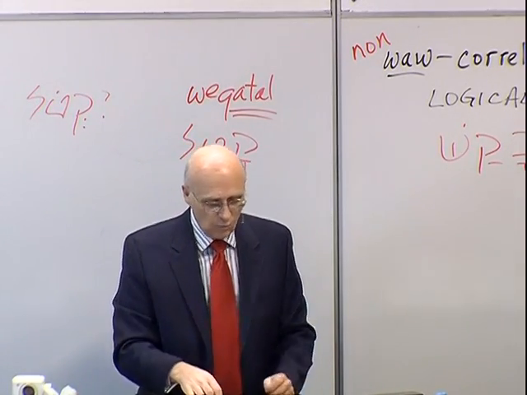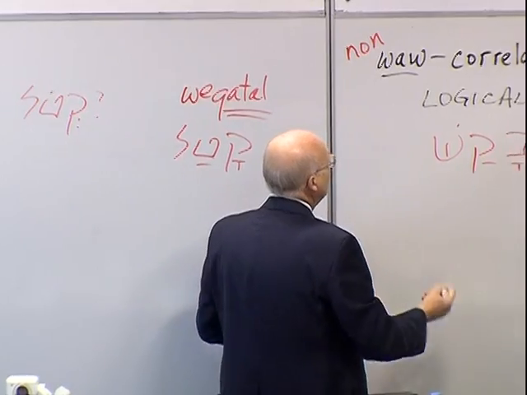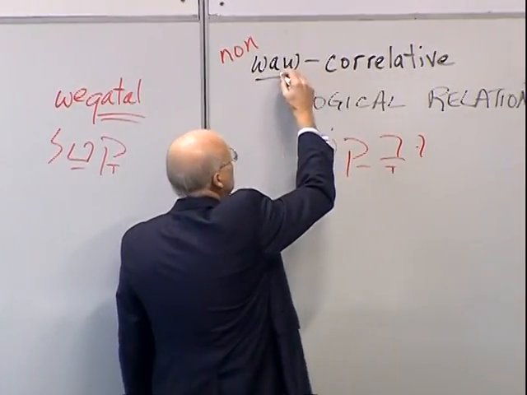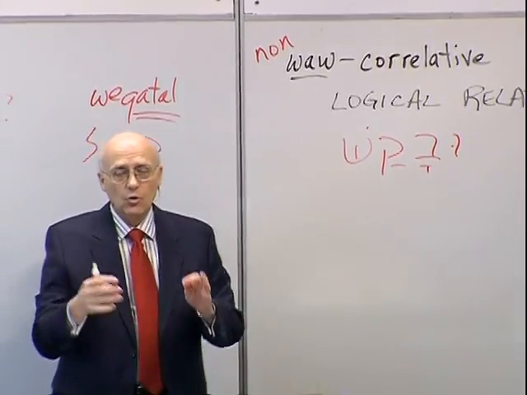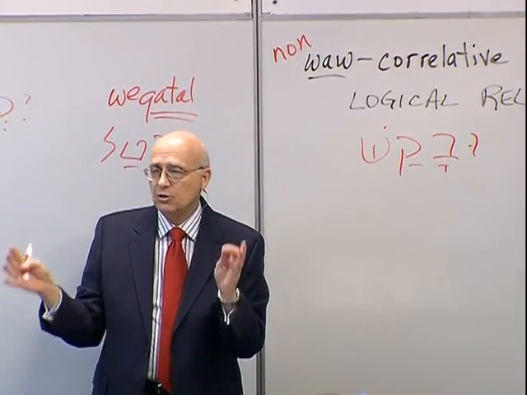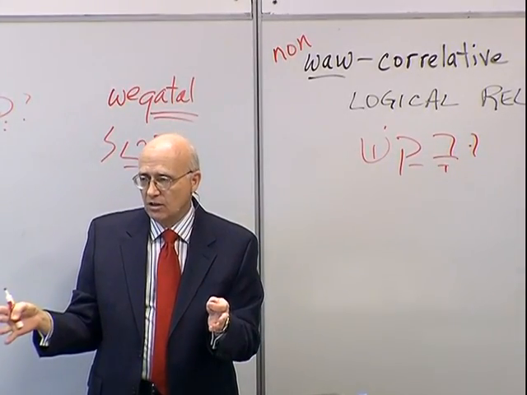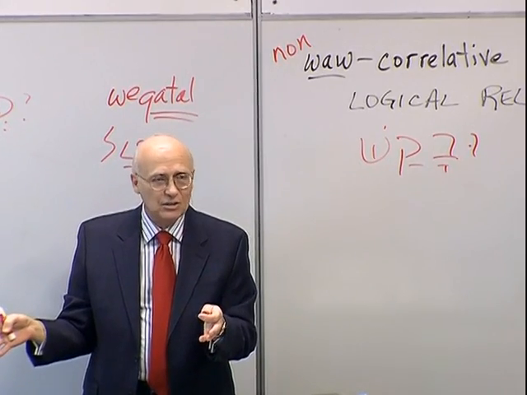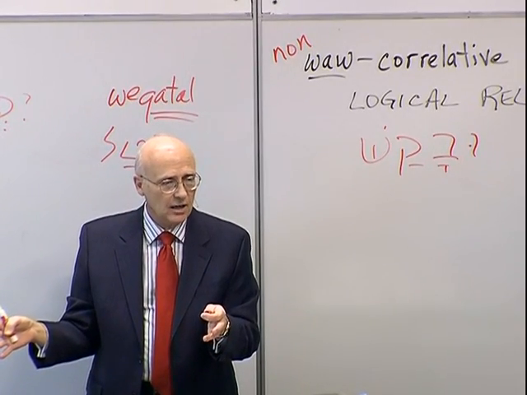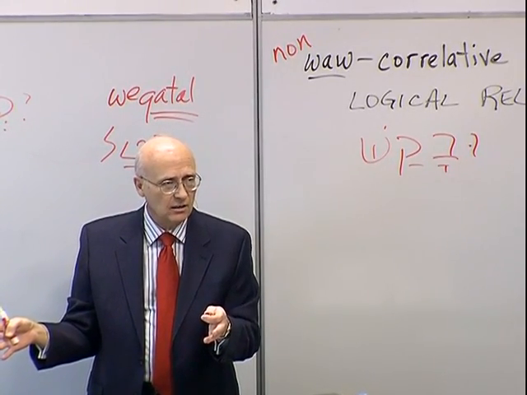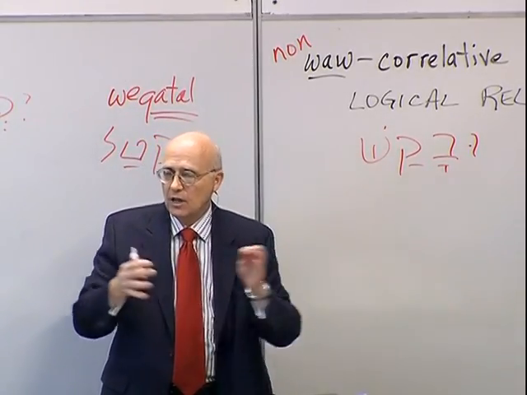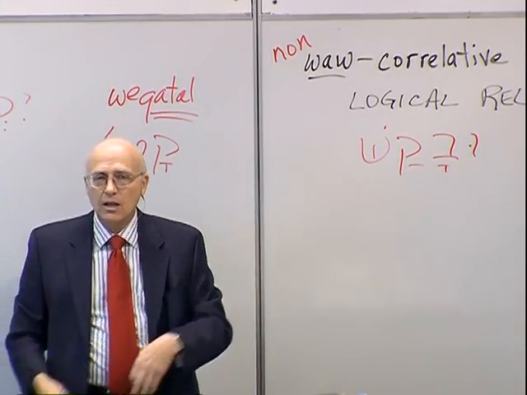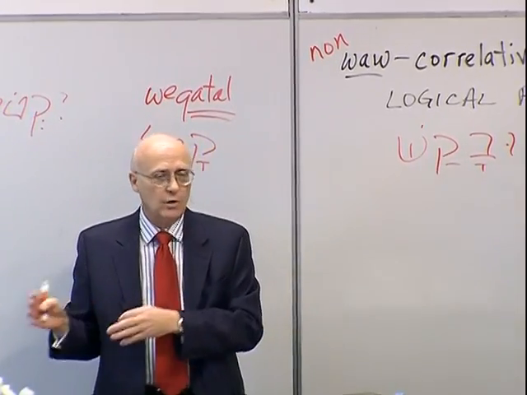And I think the reason he has to say non is because he's been using wow consecutive for the wekatal, and so he has to admit that 50% of wekatal is not consecutive. It doesn't have sequence to it by context and by understanding. So he divides them into those that are sequential and those that are not, a wow consecutive wekatal and a non-wow consecutive wekatal.